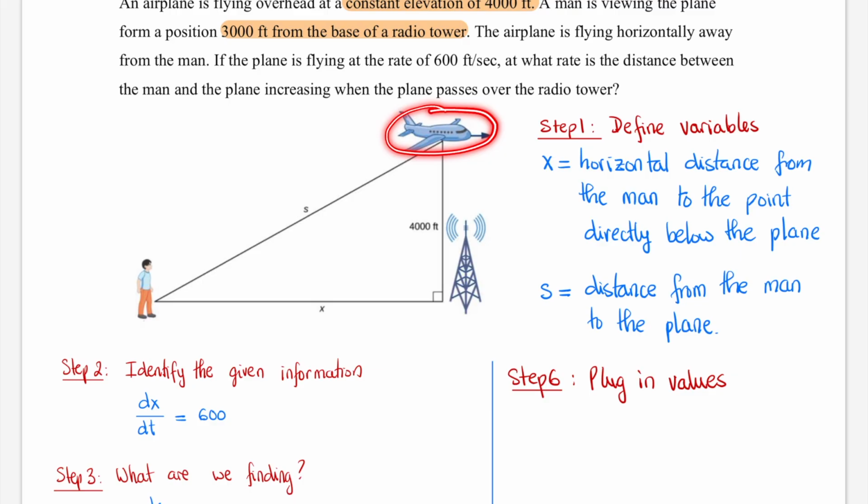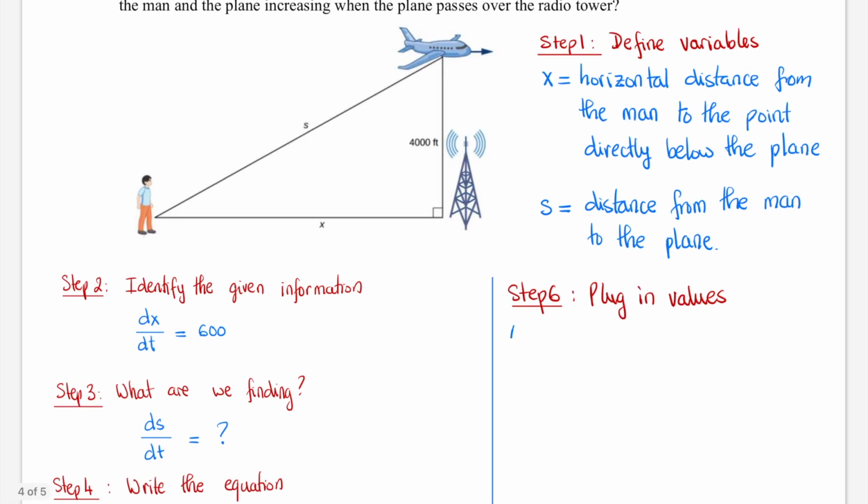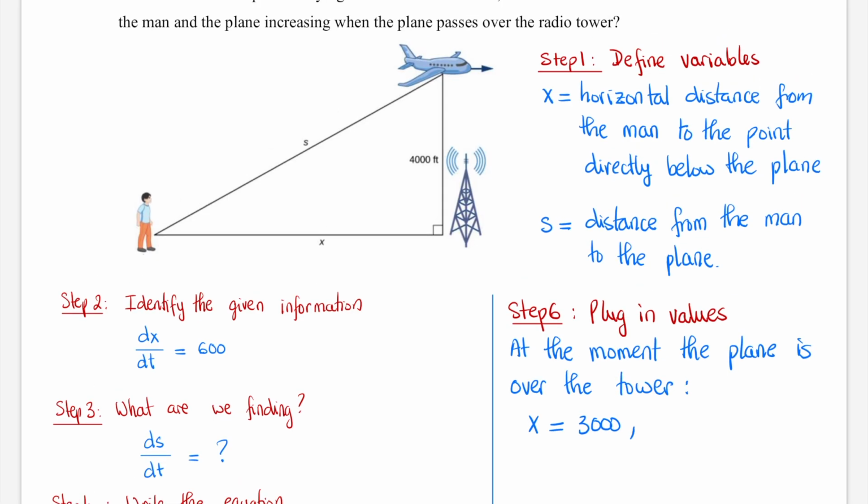When the airplane is right above the tower, x is 3,000. Again, x is not always 3,000. x is only 3,000 when the airplane is at this spot. And dx/dt is 600 feet per second.